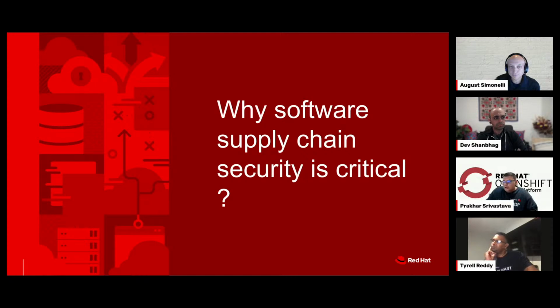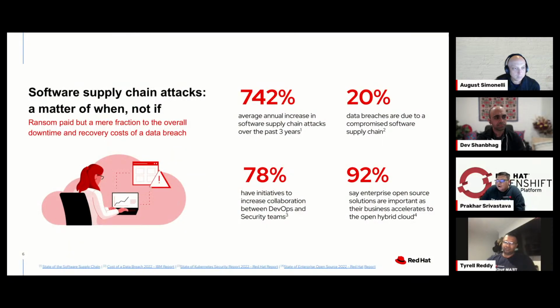Yes, true. So let's talk about why the software supply chain matters, as August was saying, since we sometimes don't care which source we are getting a library from. When we say supply chain attacks, it's about when they will happen, not if.